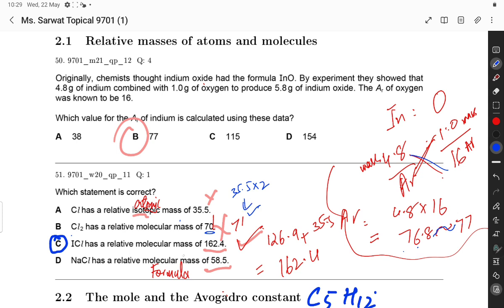ICl has a relative molecular mass of 162.4, so it is equal to iodine 126.9 plus 35.5, which is equal to 162.4. So this is the correct option. And sodium chloride has a relative molecular mass? Sodium chloride is an ionic compound, so it has a formula mass, not molecular mass, of 58.5.